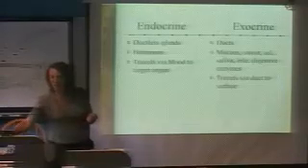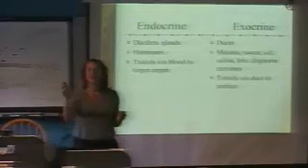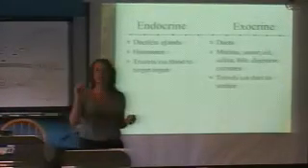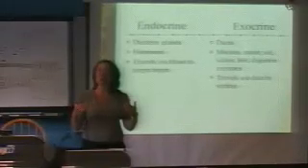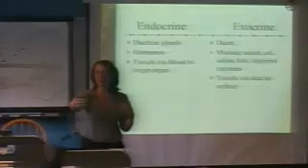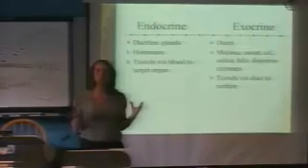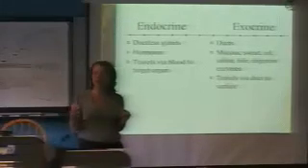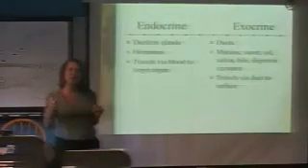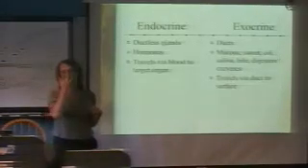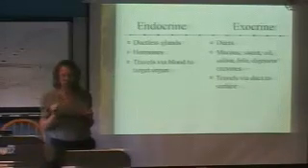Endocrine are ductless. They secrete hormones which will travel through the bloodstream to affect target organs. This is a whole chapter unto itself that we'll get into in the future. So endocrine: ductless, they release hormones to the blood, which will travel to target organs.